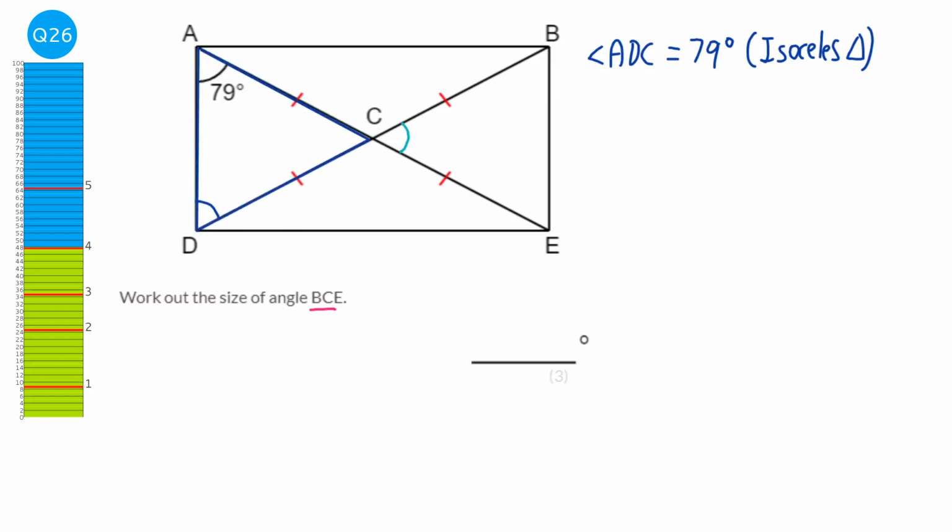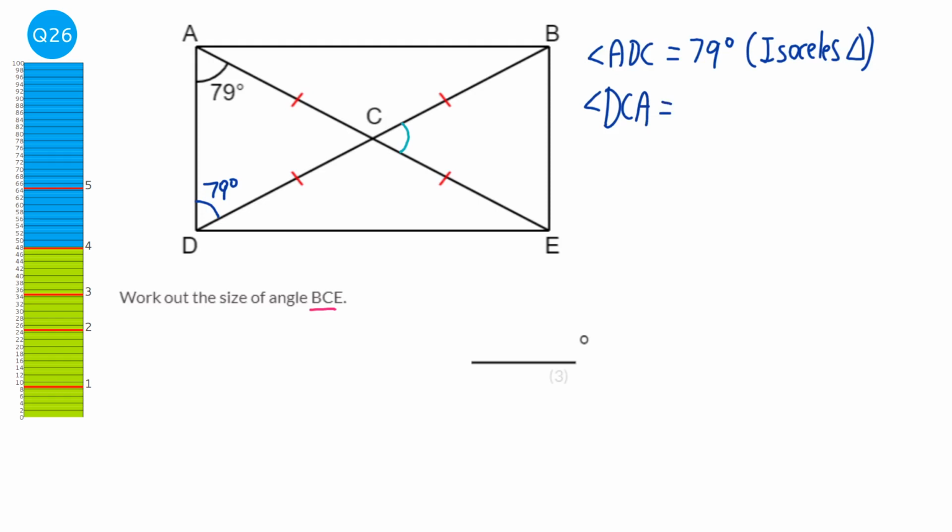And the bottom two angles, and I use the word bottom because I always imagine an isosceles as being this way up. The bottom two angles in an isosceles are always equal, so that must be 79. Now we've got two of the three angles in the triangle, and the last one is going to be angle DCA.